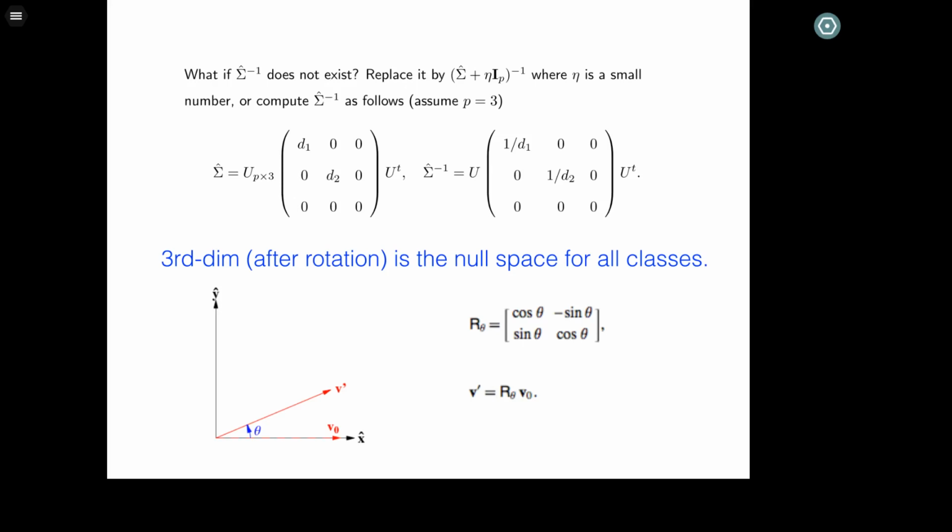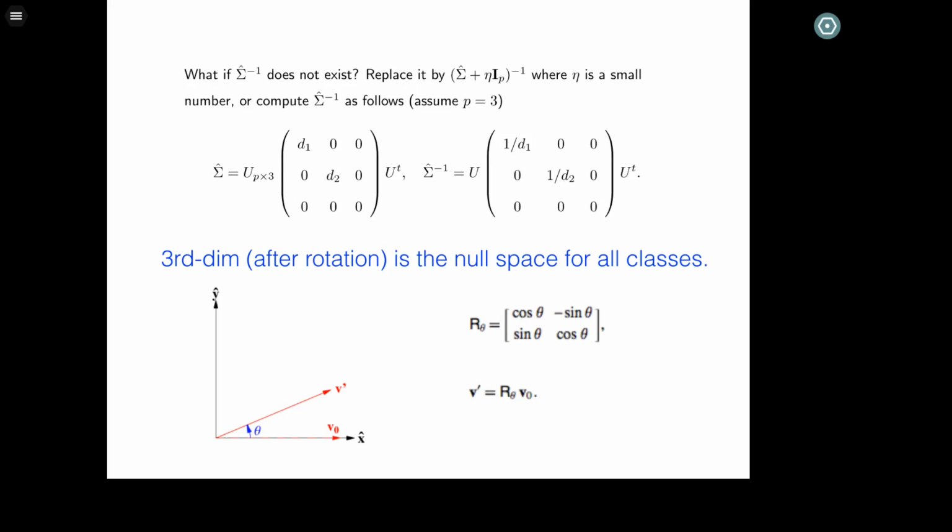And what's a generalized inverse? Assume dimension p is 3, and sigma hat is a symmetric and positive semi-definite matrix. If its rank is actually 2, not 3, that means sigma hat admits the following singular value decomposition form.